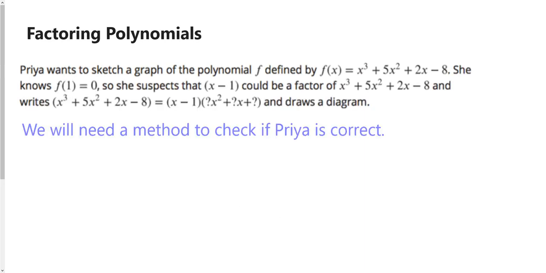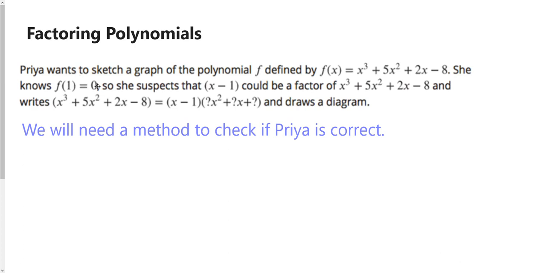Okay. So the first thing that we need is some kind of starting point. The first bit of information I'm going to tell you about this one is that f of 1 is equal to 0. And if you plug it in, you'll find that it's true. 1 plus 5 plus 2 is 8, minus 8 is 0. So it does work.